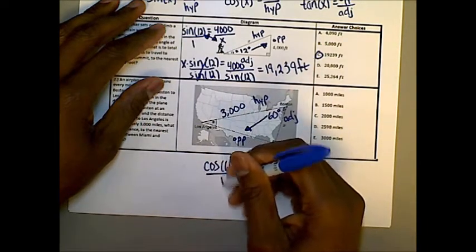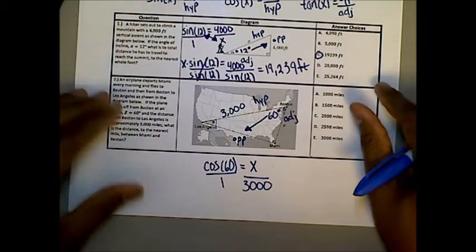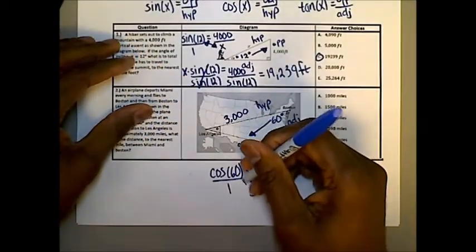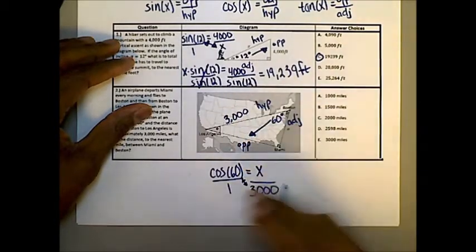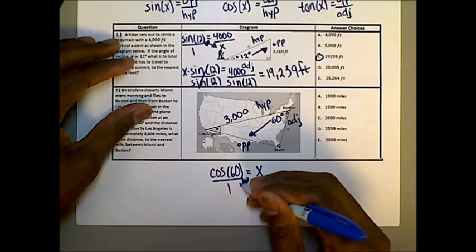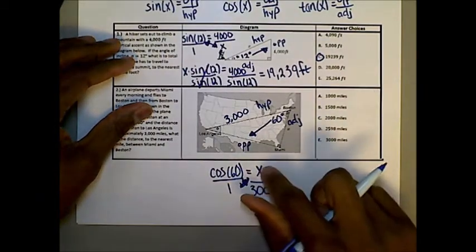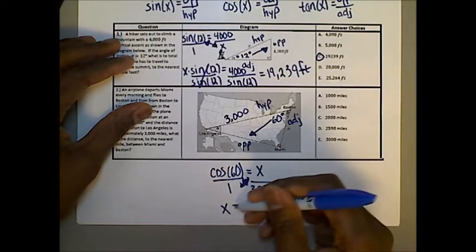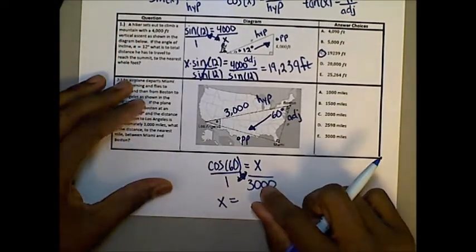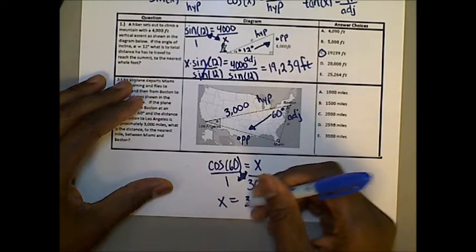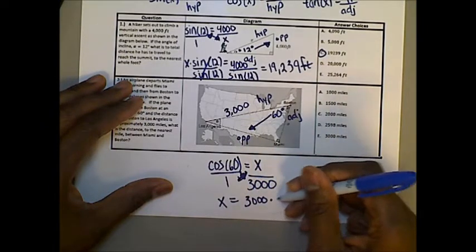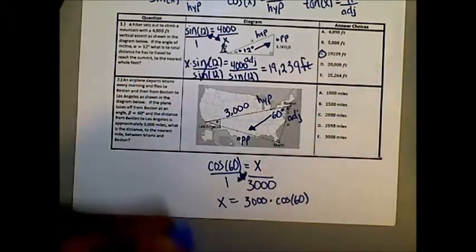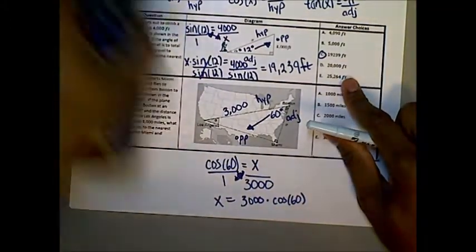Now, if you know anything about special rights, you can figure out what the cosine of 60 is, but we'll talk about that a little later. So, just like the last example, I cross multiply. It's a little jumbled up, but x times 1 is x. X is equal to 3,000 times the cosine of 60. Grab my trusty calculator.